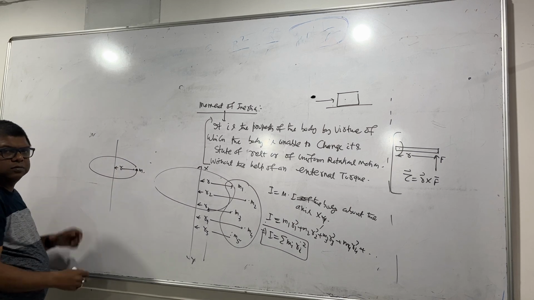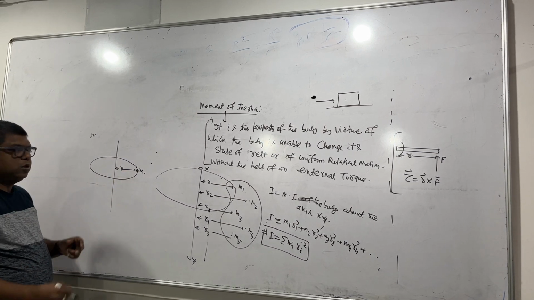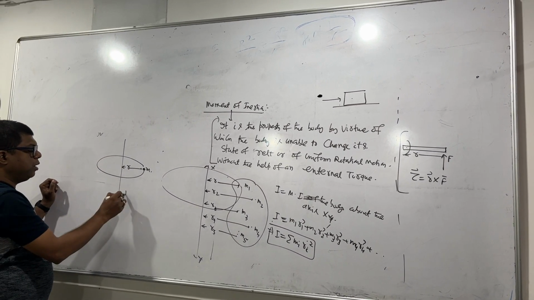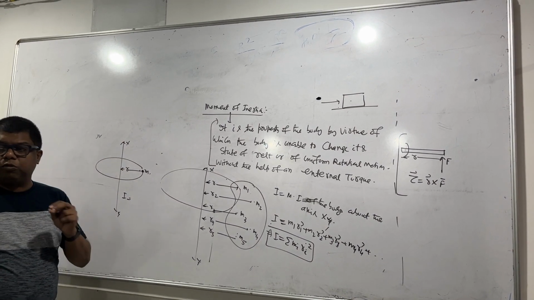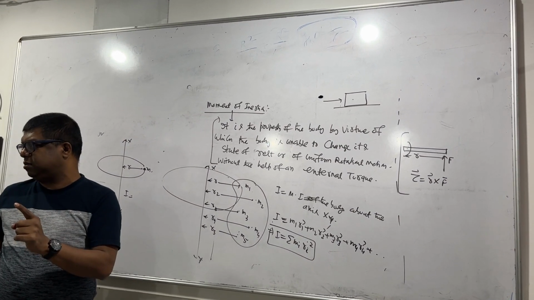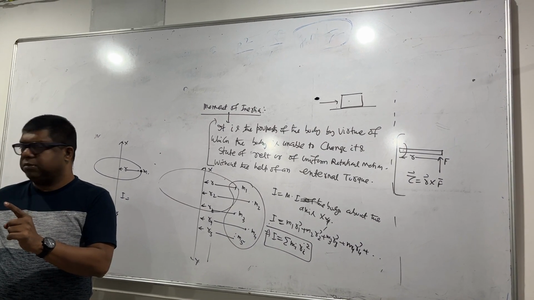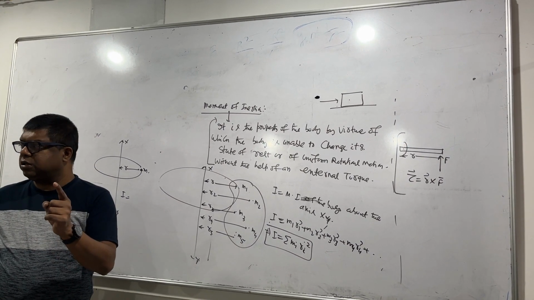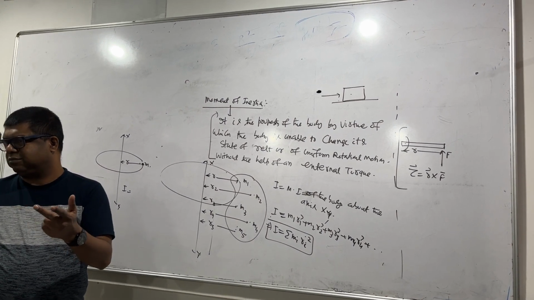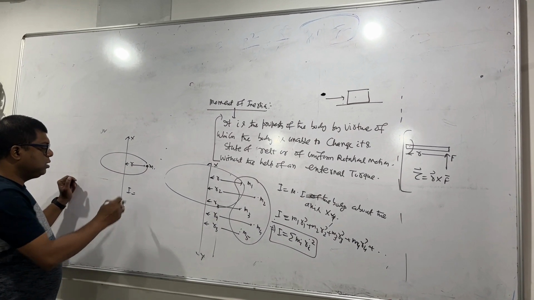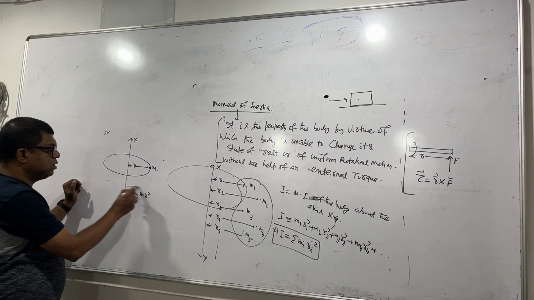This is the R. So its moment of inertia about this axis of rotation. For every particle, you calculate the moment of inertia about an axis. If the axis of rotation is changed, then the moment of inertia of the same body will be different. So I is equal to mr square is the moment of inertia of one single particle.